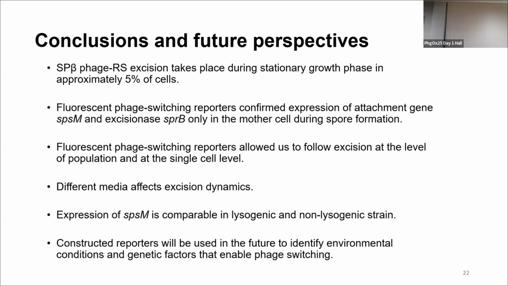And even though this is very fundamental research, it might be of use because this kind of behavior has been observed also in pathogens, and it's also important in different sporulating bacteria, and could help us to control bacteria in a way in medical settings as well as in biotechnological applications.